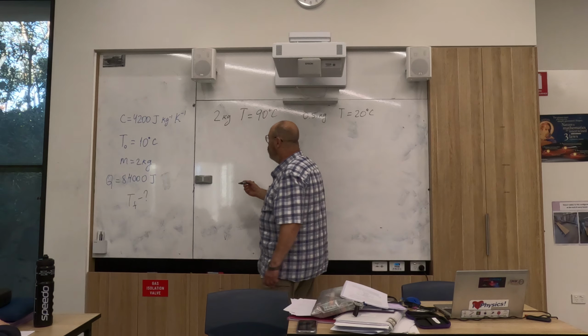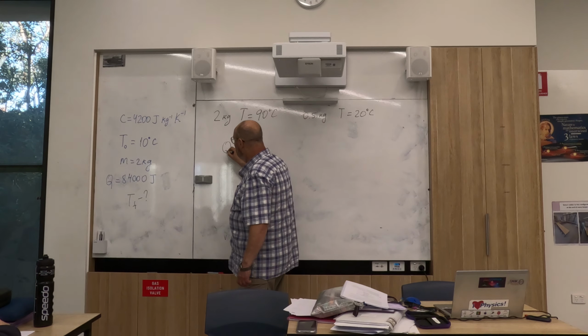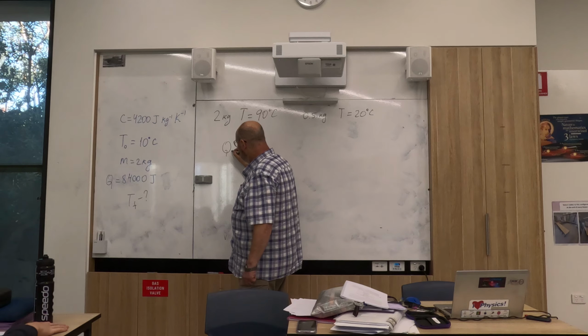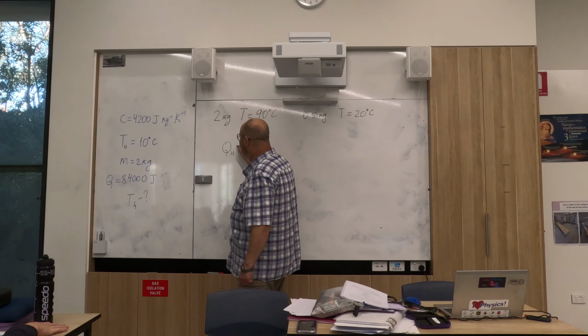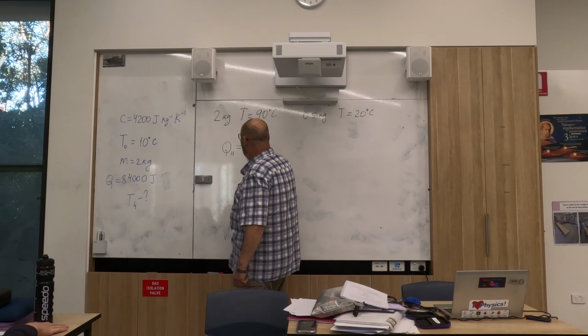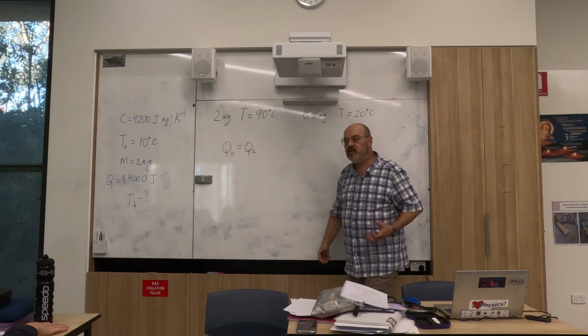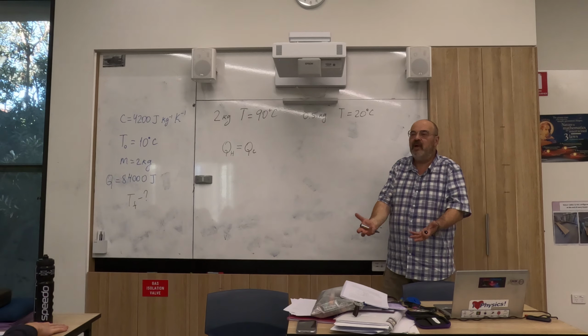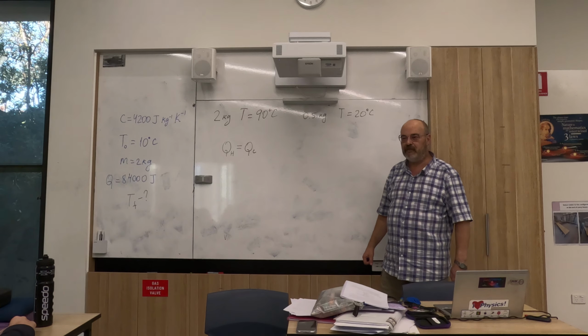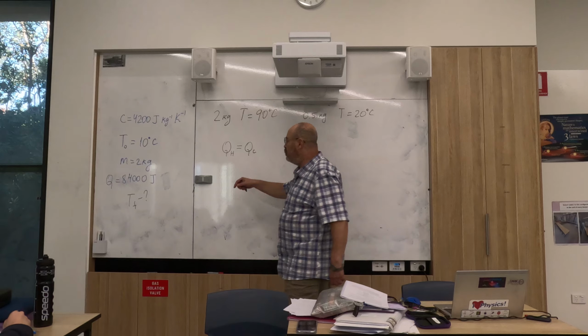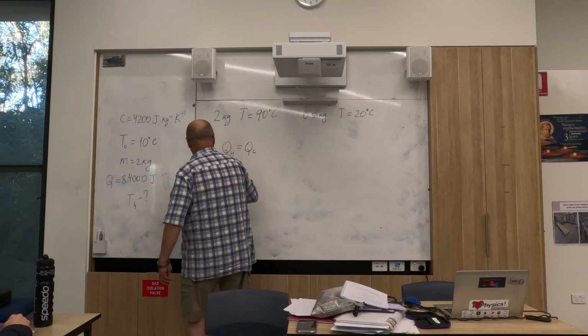And so we will have hot water gives heat, the cold water received heat. And as much as hot water gives heat, that much cold water received heat. So let's equalize them. How much heat the hot water will give?